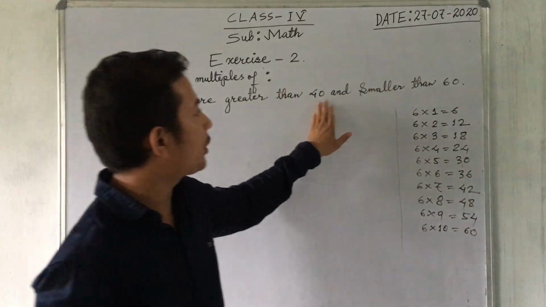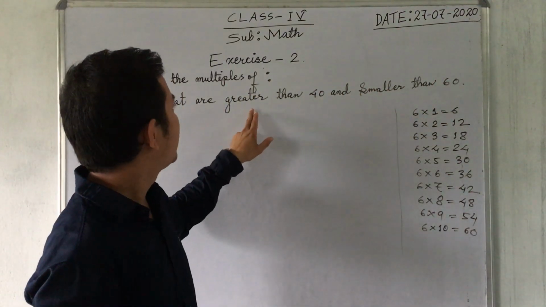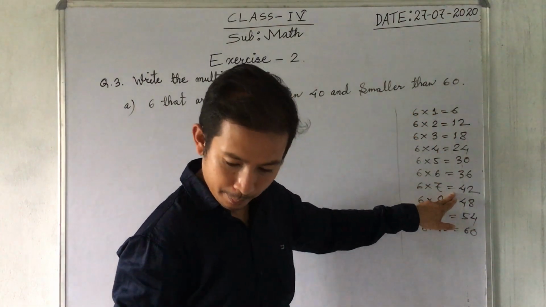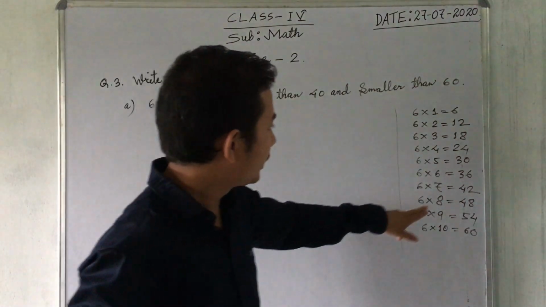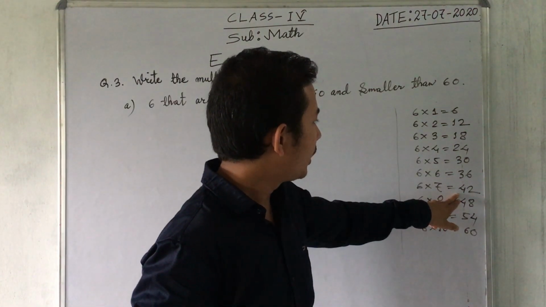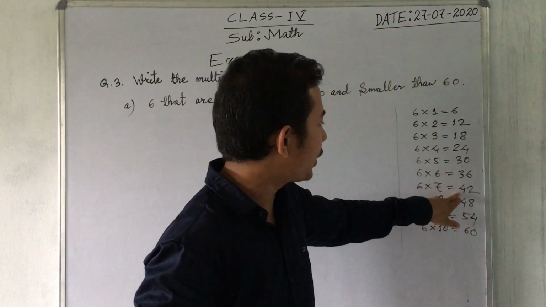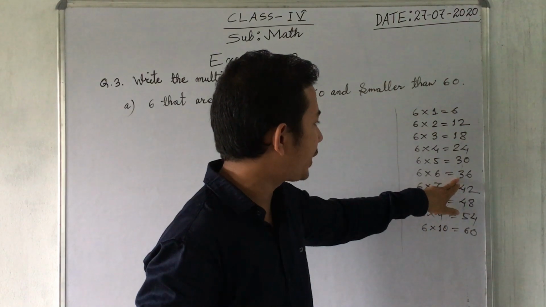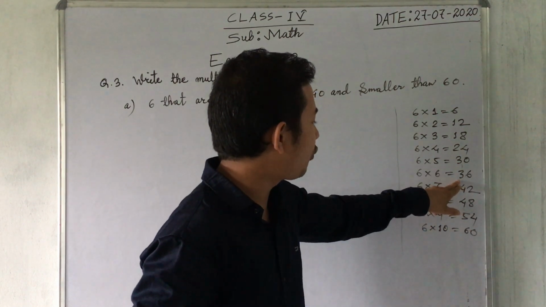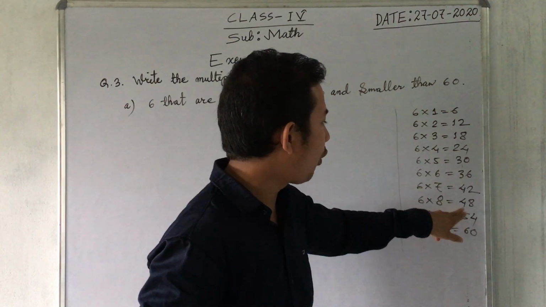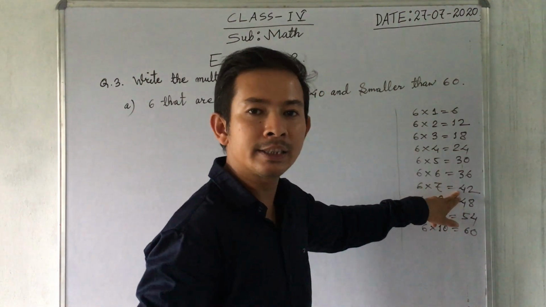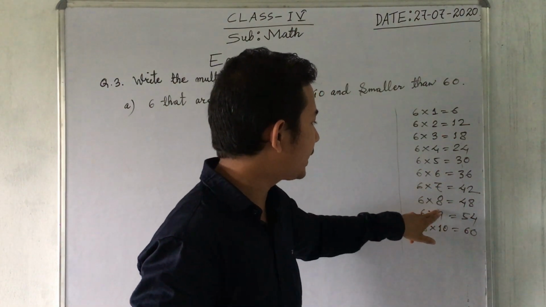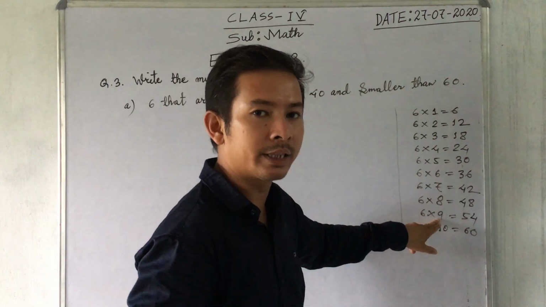Multiples of 6 which are greater than 40 and smaller than 60. Okay, 40 is between 36 and 42, right? And 60 is here. So greater than 40 and smaller than 60 are 42, 48 and 54. 42 is 7 times, 48 is 8 times, and 54 is 9 times 6.